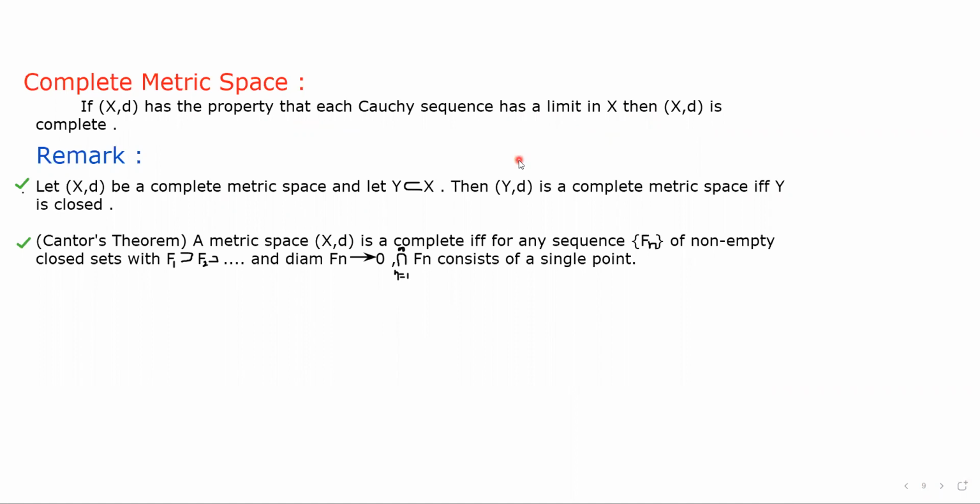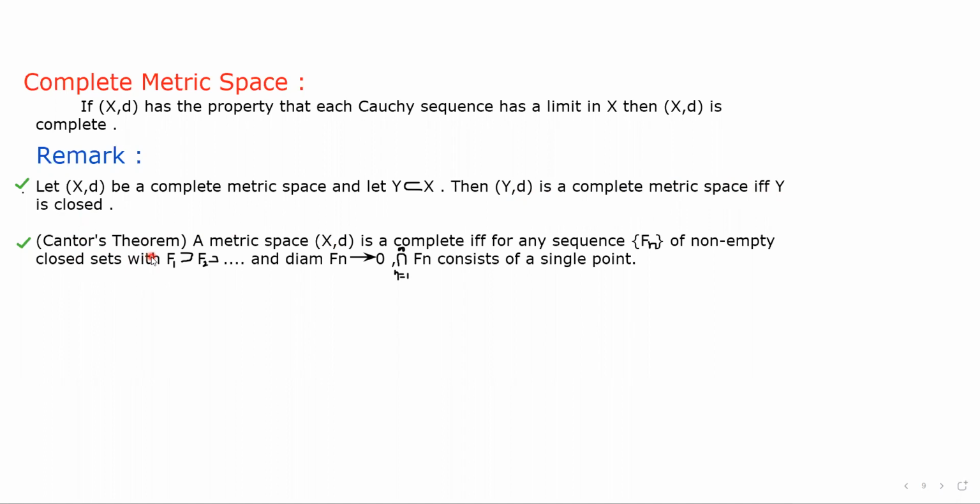Okay. So these are some properties of complete metric spaces. First, let (X, d) be a complete metric space and Y a subset of X. Then (Y, d) is a complete metric space if and only if Y is closed. Okay. And the second one is Cantor's theorem, which I think you have studied in the first year.